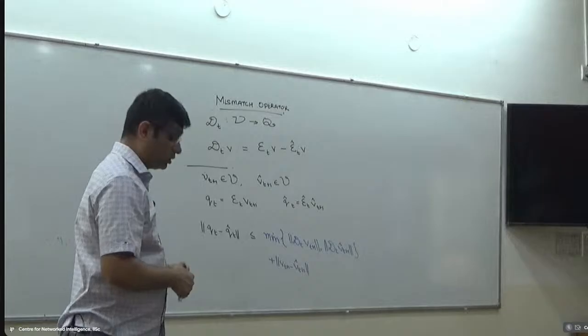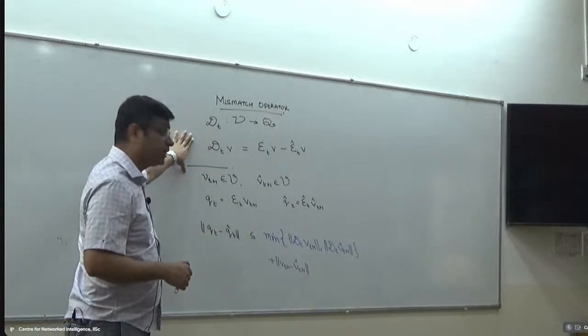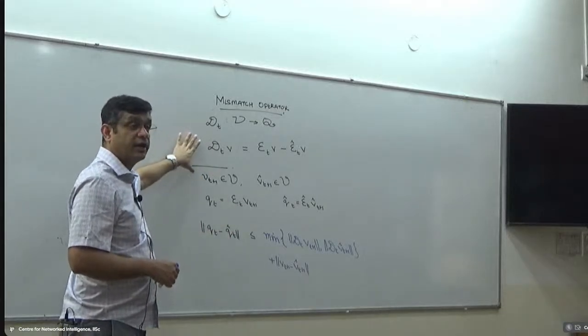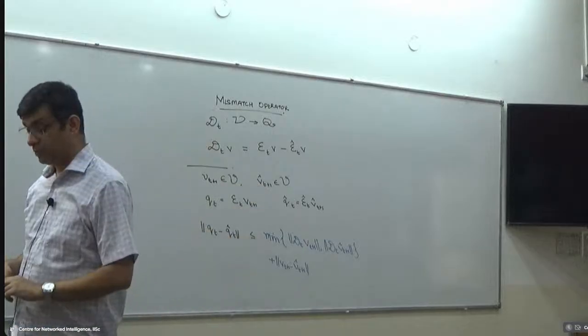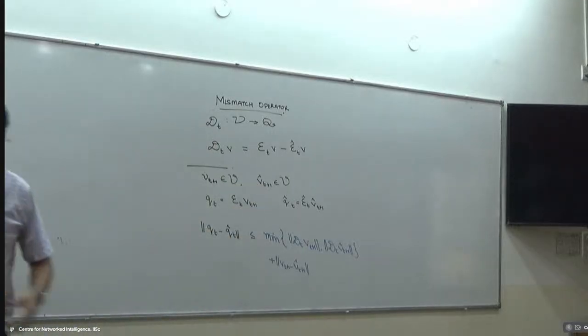So this result is enough for me to get the policy error bound. What I'm going to show is the following. This is our first main result. This is the policy error.